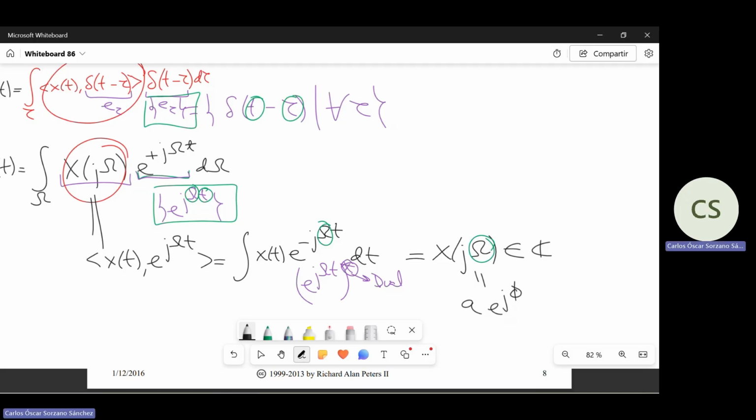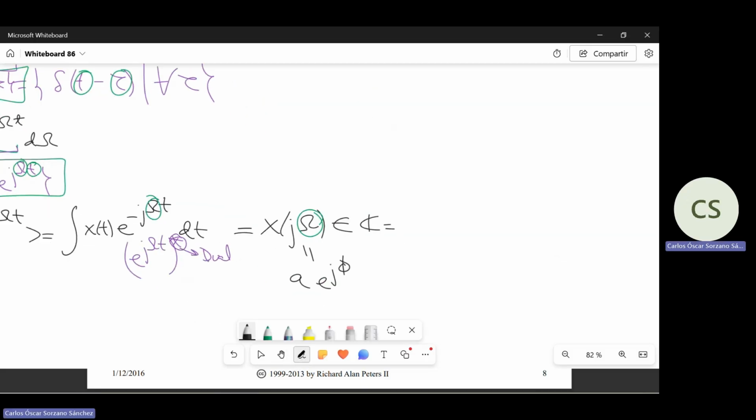Here we write it like this. We say it has an amplitude, that is the modulus of X(j omega), and then it has a phase, that is e to the j phase of X(j omega).